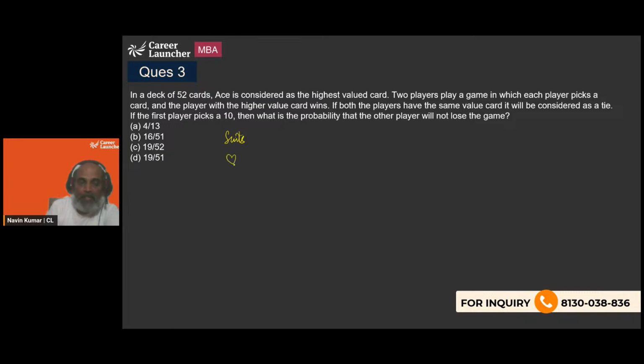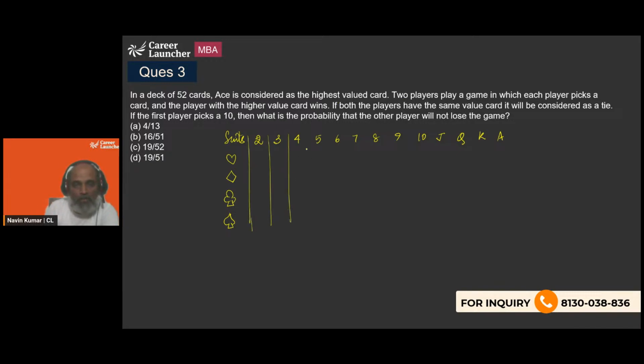The suits being hearts, diamonds, clubs, and spades. And each suit has got cards. The cards are going to be 2, 3, 4, 5, 6, 7, 8, 9, 10, J, Q, K. It's known that ace is the highest value, right?